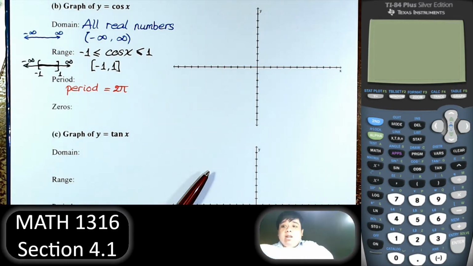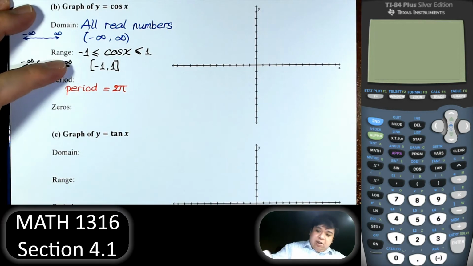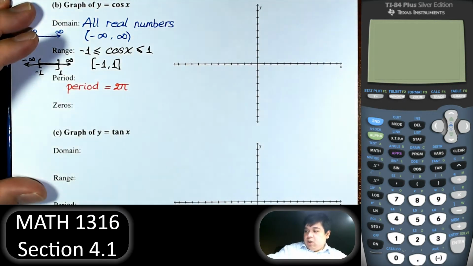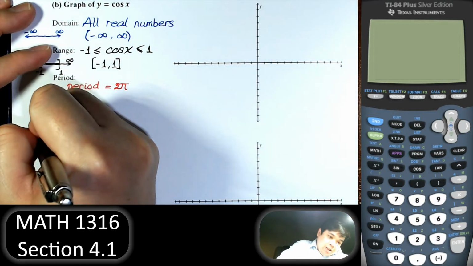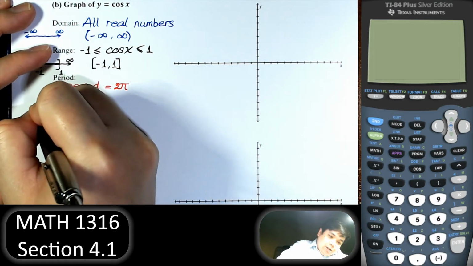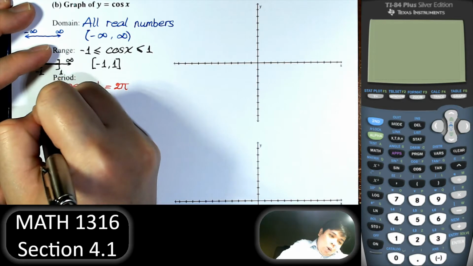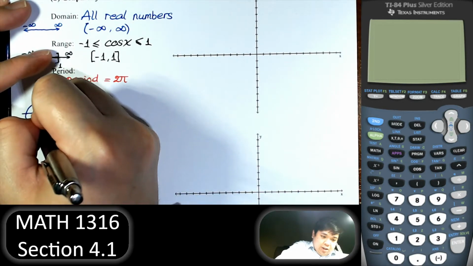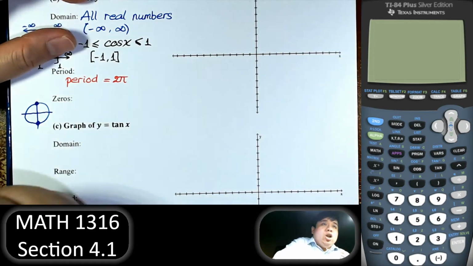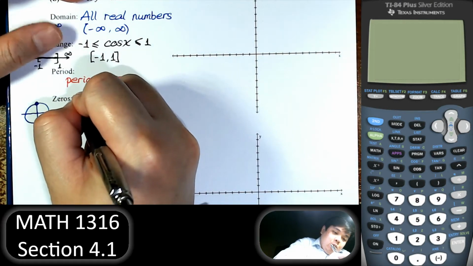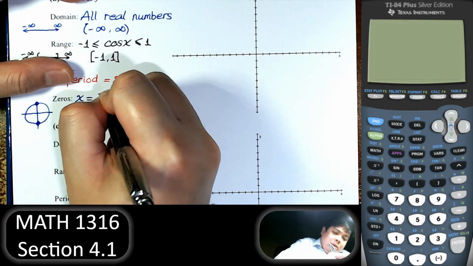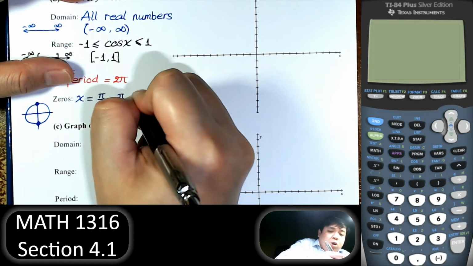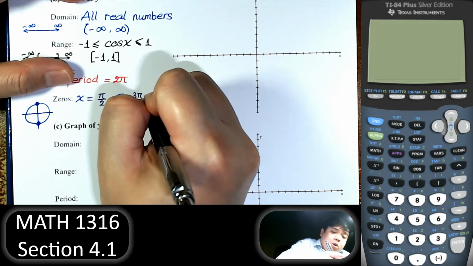The difference is the zeros, where the function is equal to zero. So I will have the unit circle here. Where x equals 0 will be this point and this point. So we can say the zeros are when x equals maybe pi over 2, maybe -pi over 2, 3 pi over 2, those values.